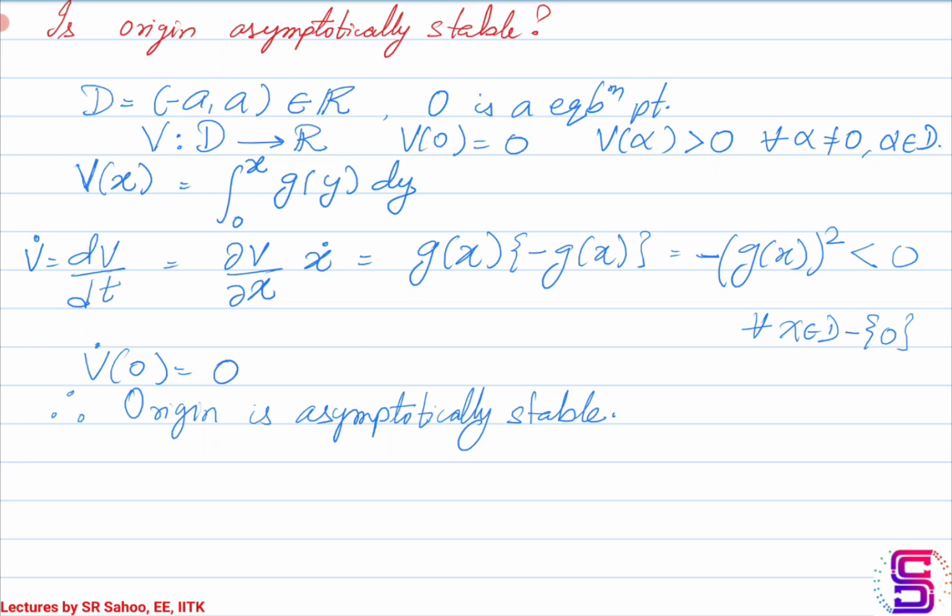Okay, let's move on to another example. Suppose you have a system which is theta double dot equal to minus g by L sine theta.